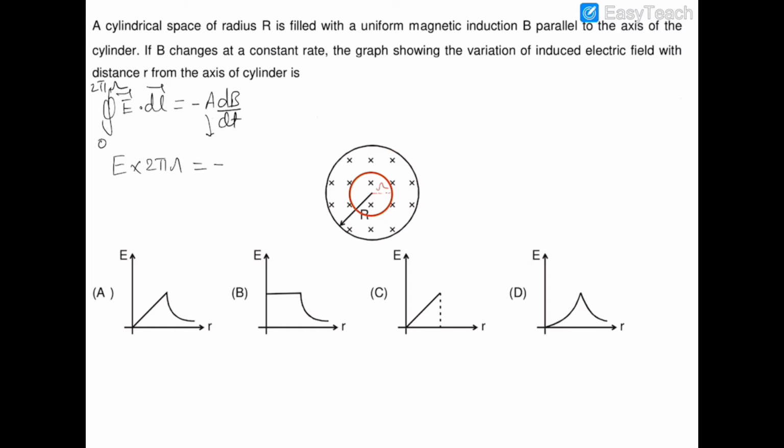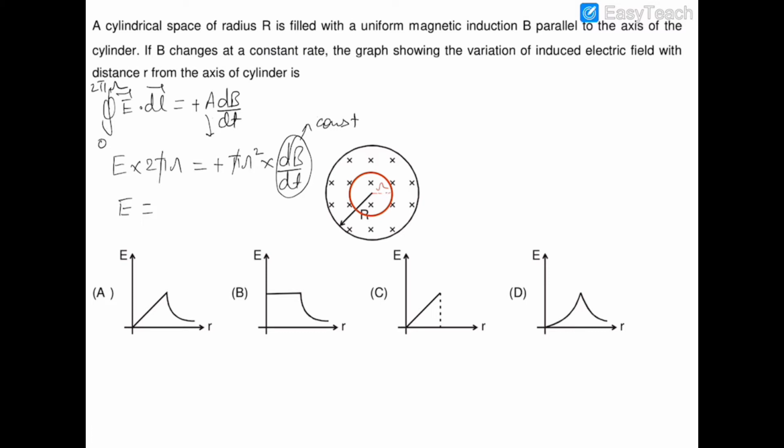So in this case, the area would be only pi small r square, and the rate dB by dt is constant. It is given that it is constant. So E is equal to minus, we can ignore the sign because we are only concerned about the magnitude.